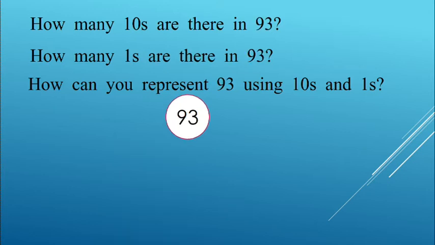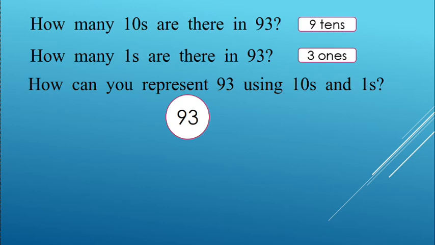Students, let me explain another example. How many tens are there in 93? How many ones are there in 93? How can you represent 93 using tens and ones? How many tens are there in 93? Yes, correct. 9 tens. How many ones are there in 93? Correct. 3 ones.